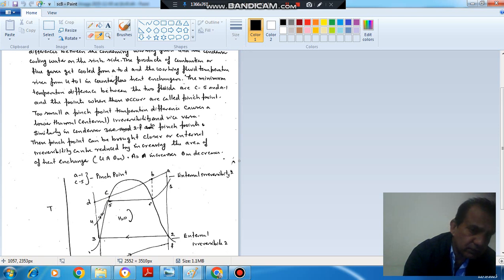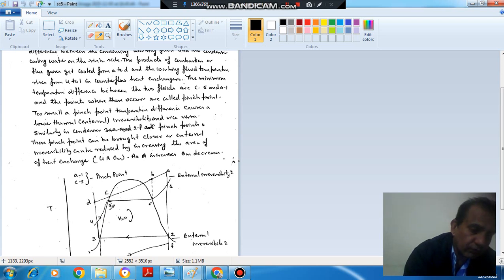If this water is heated by steam, we extract some steam and heat this water from 4 to 5, then this external irreversibility due to the temperature difference can be reduced or completely eliminated if we are able to heat the water from 4 to 5.